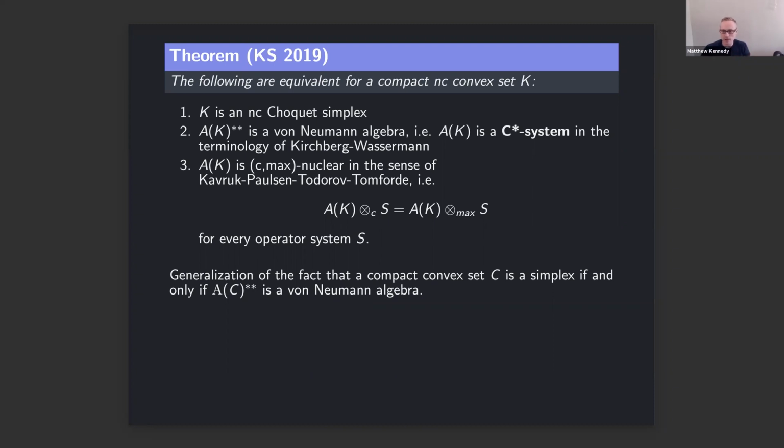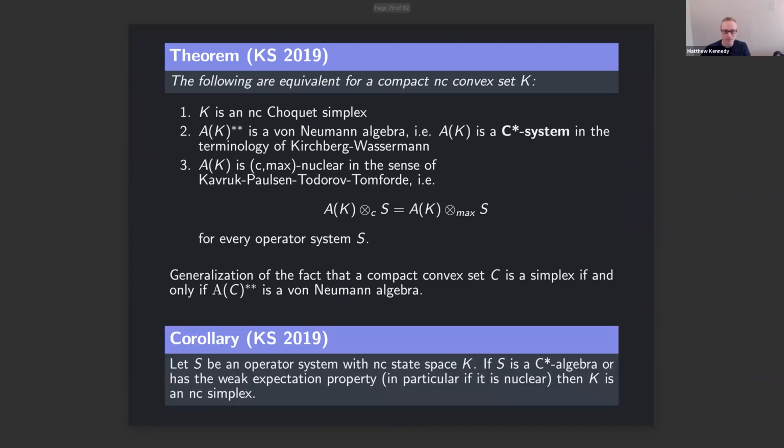This was developed by Kavruk, Paulsen, Todorov, and Tomforde. And we can say quite a bit about the relationship there. Right. So the point is that there are lots of examples of NC Choquet simplices. In particular, if K is the NC state space of a C-star algebra, then it's an NC Choquet simplex.